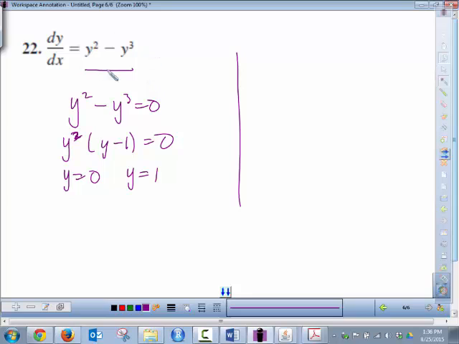Because there's no x's on the other side. So this is all based on your dependent variable only, which is the vertical axis. So I got 0 and 1 as my equilibrium points.